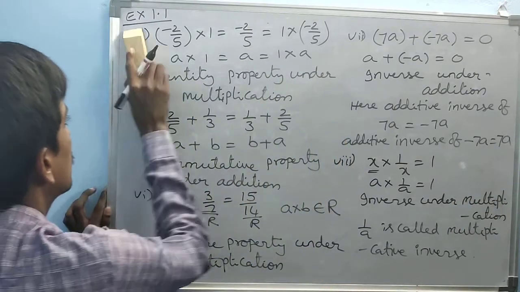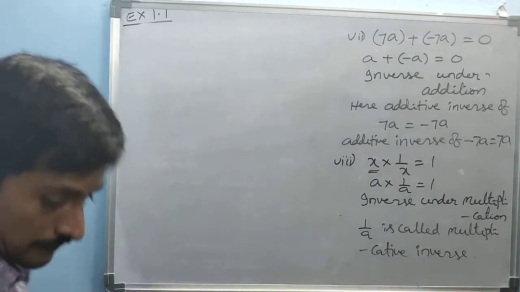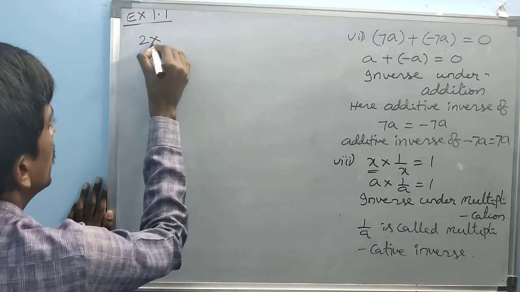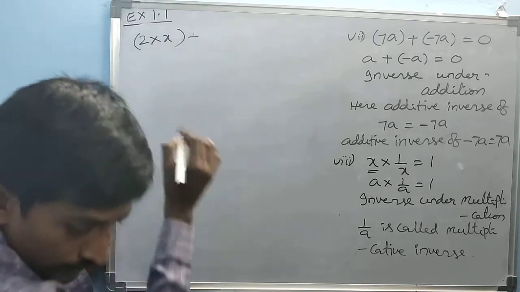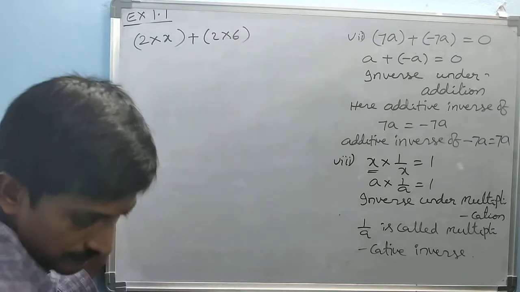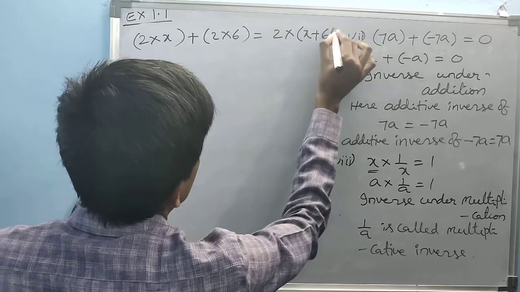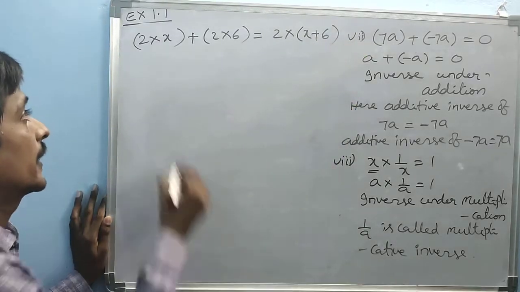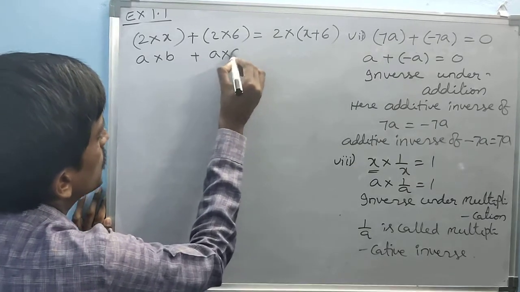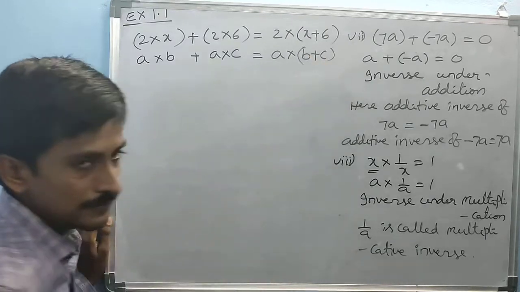The last one is 2 into x plus 2 into 6 equals 2 into x plus 6. A into b plus a into c equals a into b plus c.